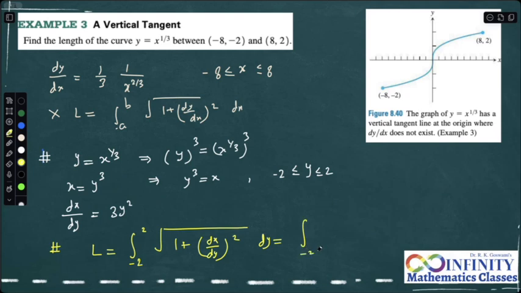Just simplify the expression: -2 to 2, square root of 1 plus dx over dy squared, which is going to be 9y square. Sorry, 9y power 4 should be the value here. Any doubt? No.